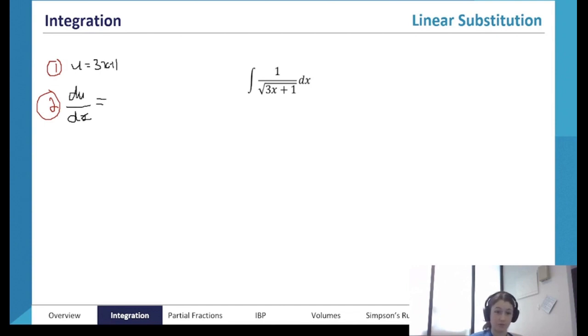The derivative of u with respect to x is just 3. Remember, what we need to do from here is isolate the dx. So we're going to be splitting this du and dx up. Once we complete the rest of the integral, why we do this will become more apparent, and I'll go over that when we get to it.